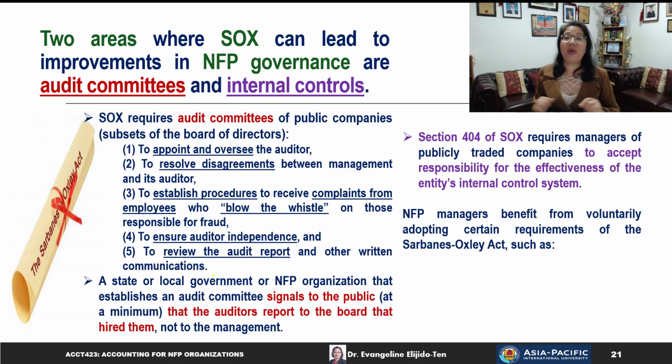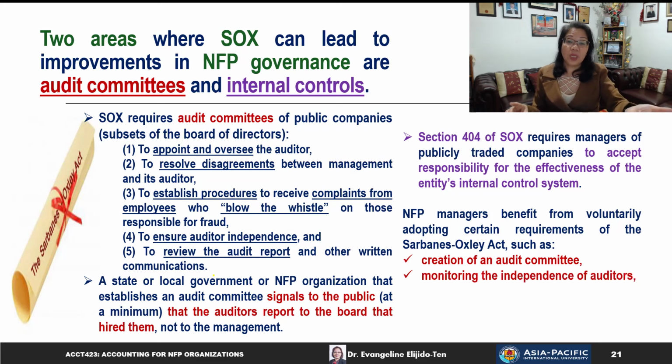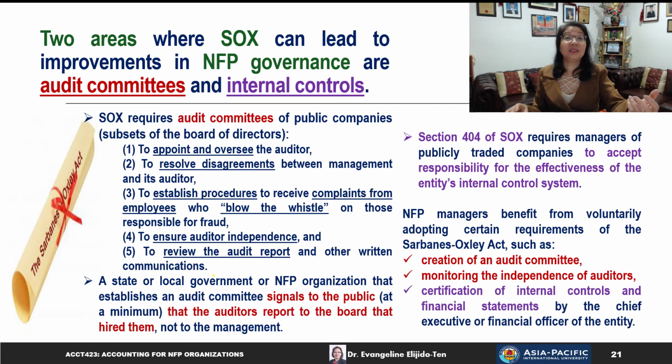NFP managers benefit from voluntarily adopting certain requirements of the Sarbanes-Oxley Act. Some of these benefits would include the creation of an audit committee, monitoring the independence of auditors, and certification of internal controls and financial statements by the chief executive or the financial officer of the entity.